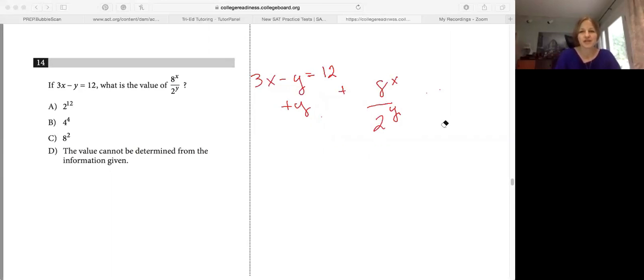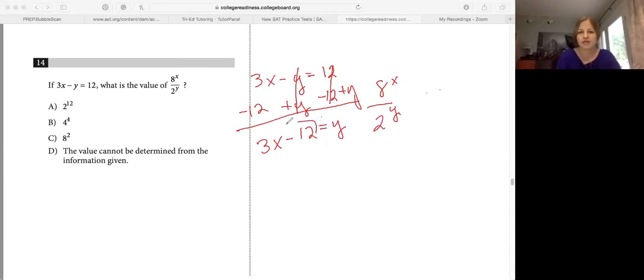Okay, so I'm going to try this again. Adding y to both sides, and I'm going to subtract 12. Right, so we're going to get y by itself. So y's cancel out. I have 3x minus 12 equals y.